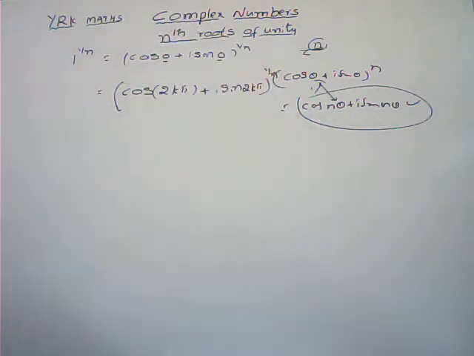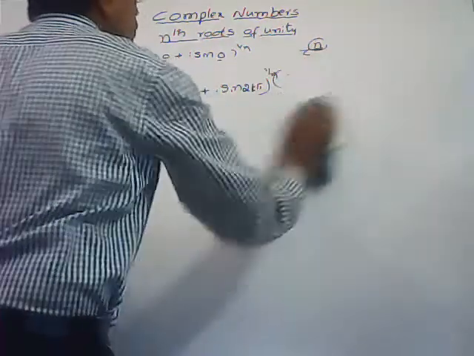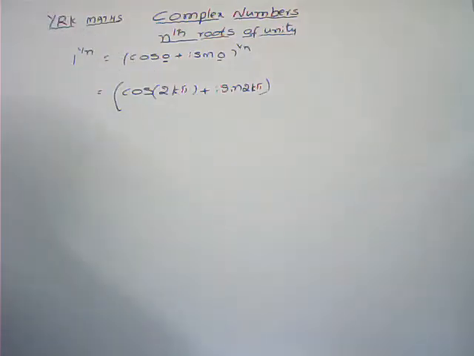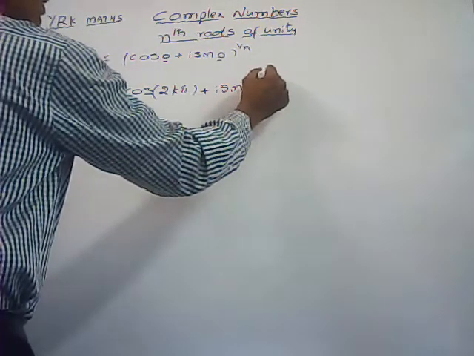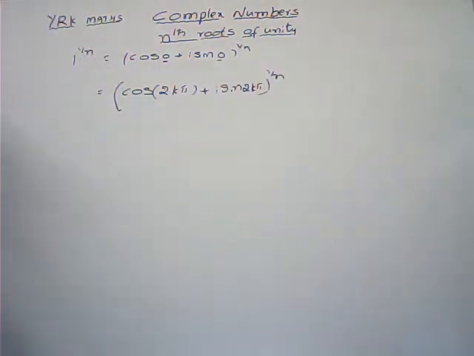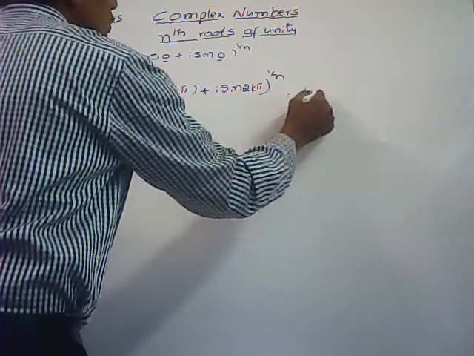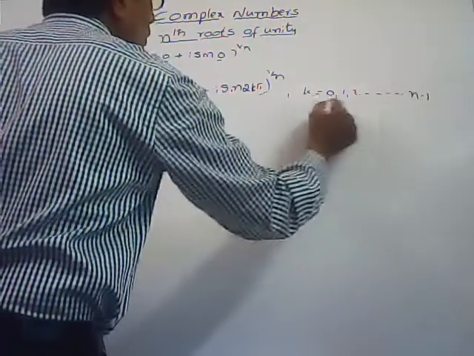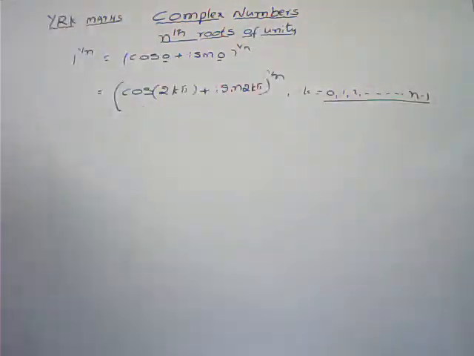If it is an integer, we can write directly cos n theta plus i sin n theta, and we get only one value. If it is rational, we get n roots, by taking k equal to 0, 1, 2, 3, and so on up to n minus 1. In total, how many values is k taking here? n values.